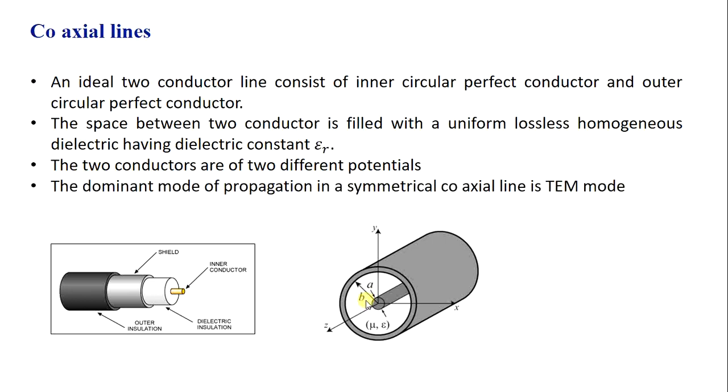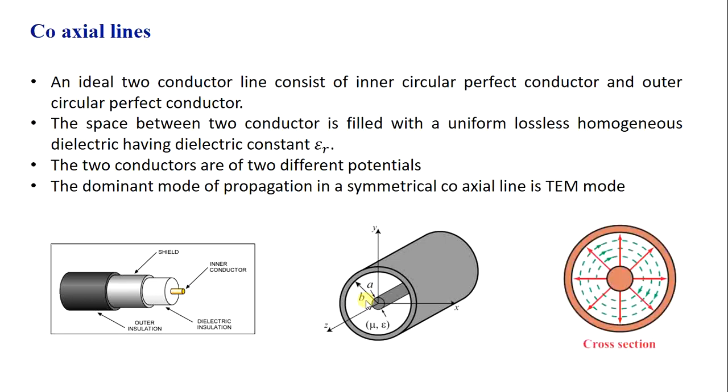The dominant mode of propagation in a symmetrical coaxial line is TEM mode, as I said earlier. Now if we consider the current moving inside the conductor, if the direction of current is this, then by the right hand thumb rule, the magnetic field will be in this circular manner, and the direction of this magnetic field will be denoted by the curl of the fingers.